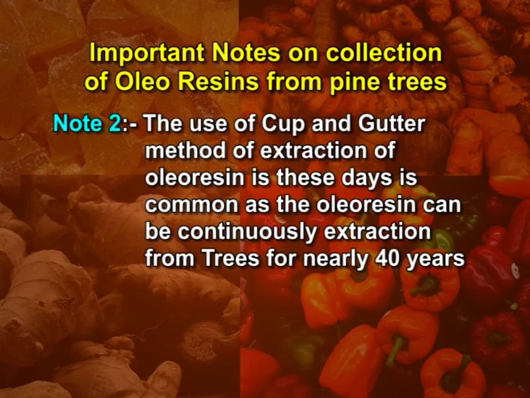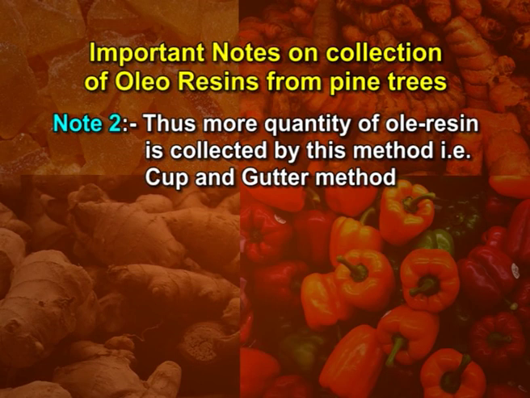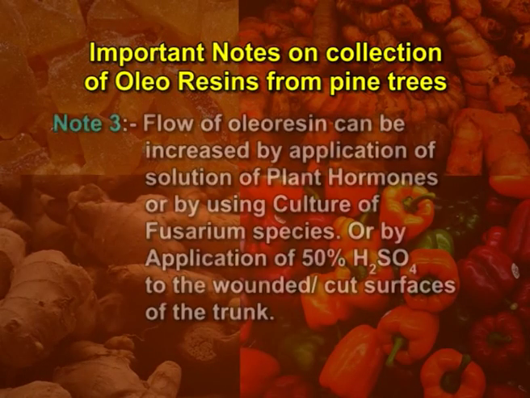The use of the cup and gutter method of extraction of oleoresin these days is common, as the oleoresin can be continuously harvested from trees for nearly 40 years. Thus, more quantity of oleoresin is collected by the cup and gutter method, and therefore it is a preferred method.